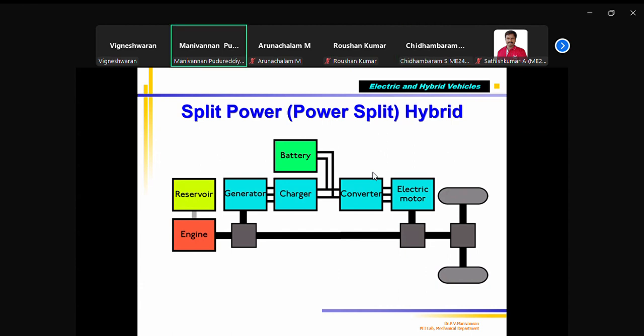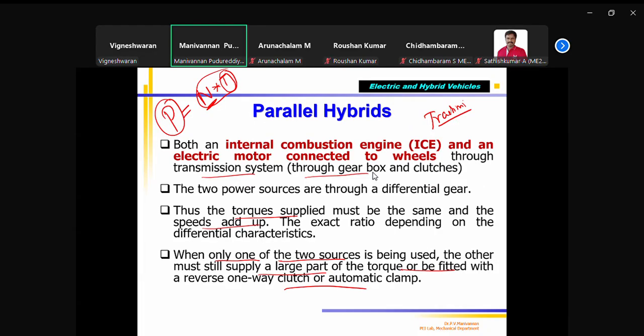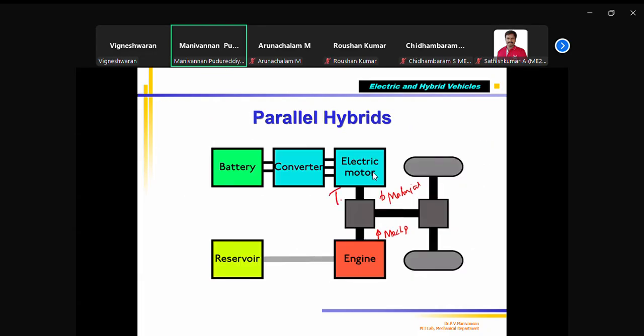Need not be the same. See, in parallel, both are supplying, no? It is added up. There is a torque coming from the motor, T motor, and the engine, T engine. This plus this is called T wheel, supplied to the wheel. Torque is getting added up.